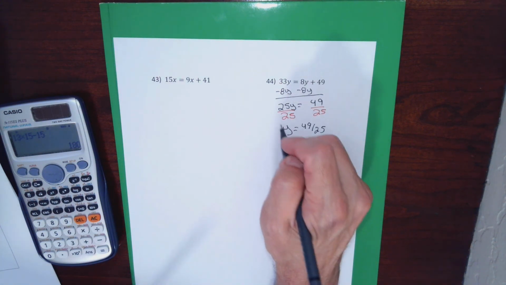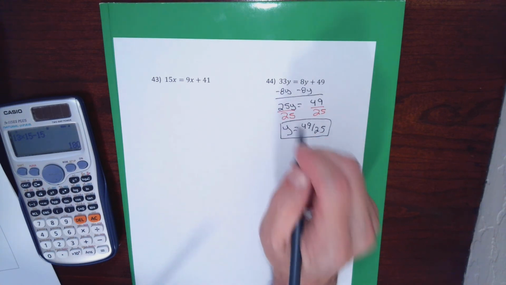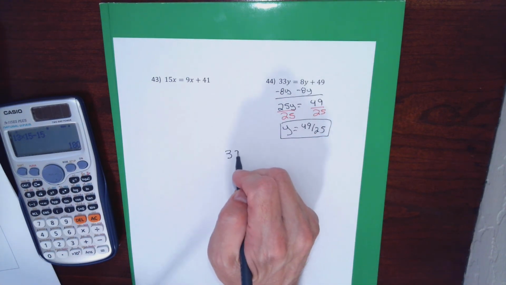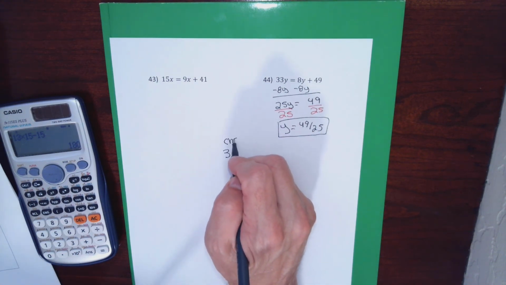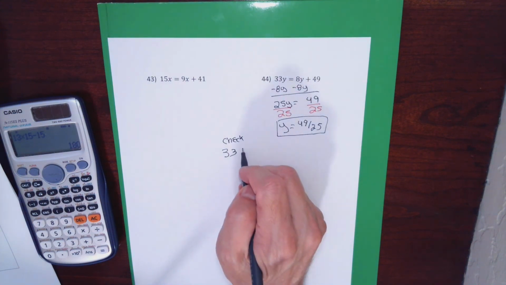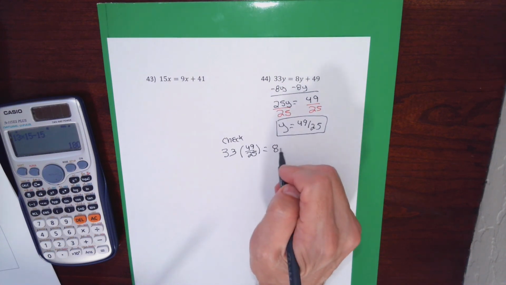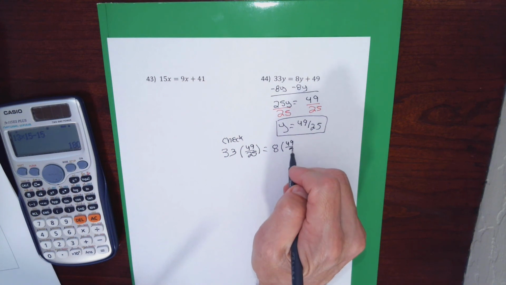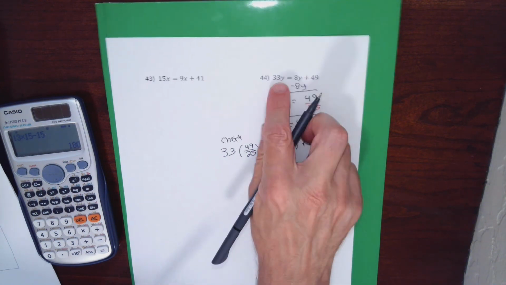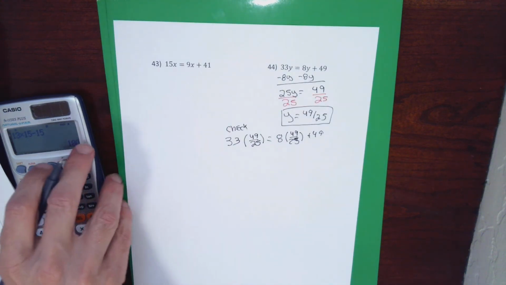If my calculator wasn't so fraction friendly, I'd probably forget about checking, especially because this video is getting so long, but I can check super fast and start the part 3. So I'm going to go to the original problem. Change both y's to 49 over 25.